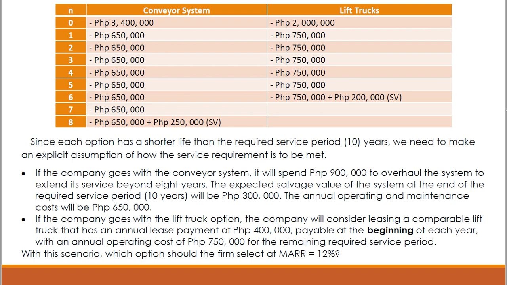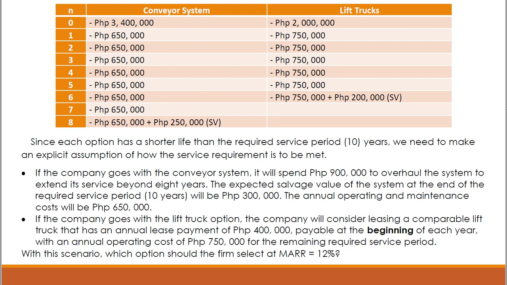So what are our options to fill in the remaining years? For the conveyor system, there are 2 years left since its life is only 8 years. And for the lift trucks, there is a 4-year gap to complete the analysis period. Okay? So these would be our assumptions.